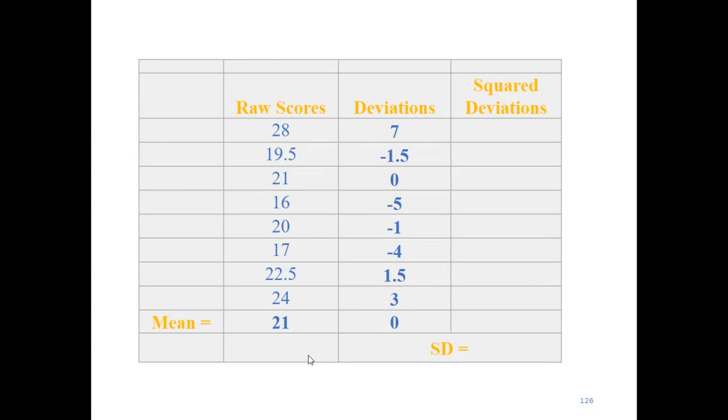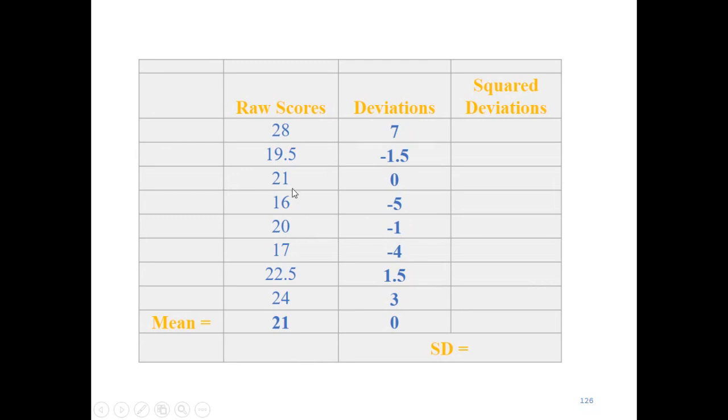Let's look at a couple of examples. 28: the distance from the mean is 7, right? Because 28 minus 21 is 7. And 28 we know is above the mean, so the deviation must be positive. So the deviation is 7.